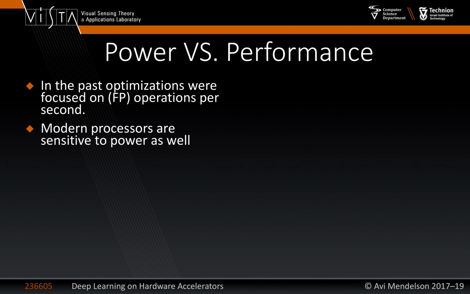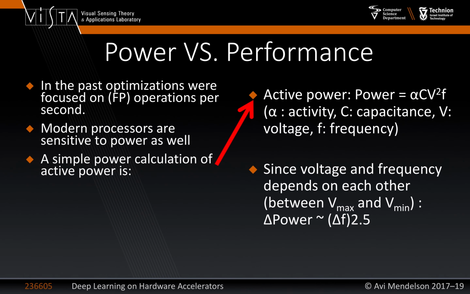But modern processors are very, very sensitive to power, and power equals performance in some sense. And I will not go into all the equations, but just to give you the notion, the power that you consume is some activity factor multiplied by capacitance. You can assume that this is a constant, times voltage squared times frequency.